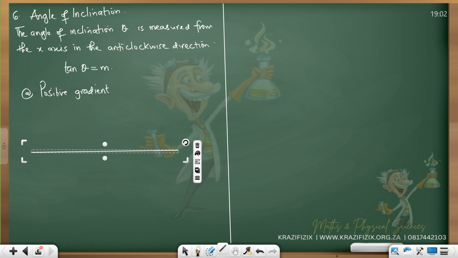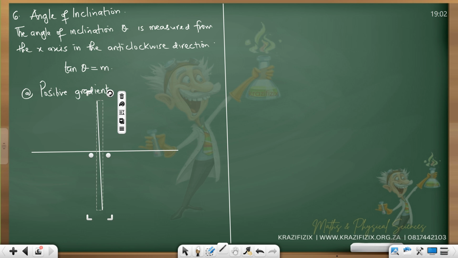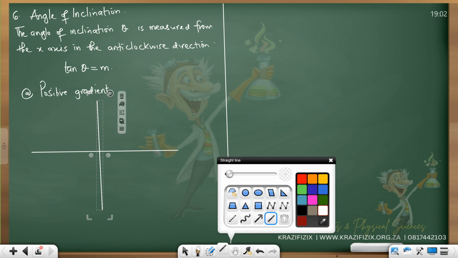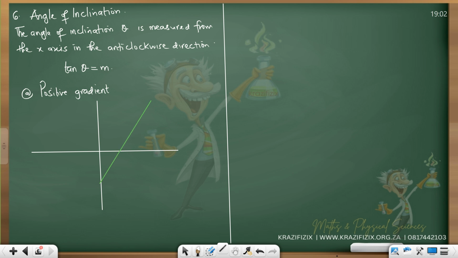So we're going to have our y-axis and x-axis, and I will draw a line here. The line doesn't matter. Theta measured from the x-axis. Remember, a gradient there is positive.